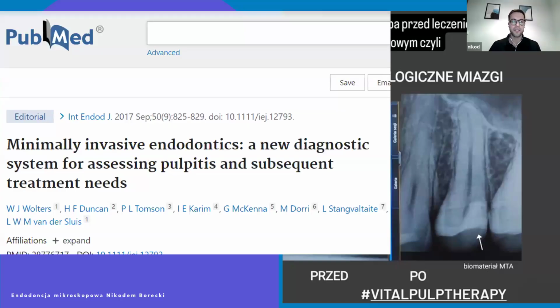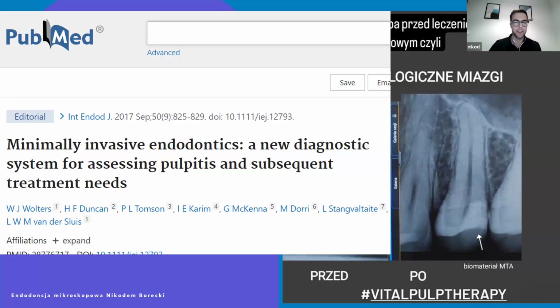And this is a very good piece of research about a new diagnostic system for pulpitis. It's made by Professor Duncan from ESE and Professor Walters. So I recommend you read this article because it can help us decide when we can do vital pulp therapy and when a root canal is needed.